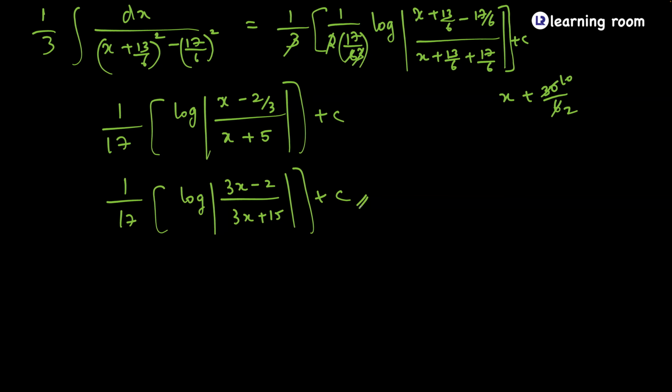Check if this answer is matching. For 3x plus 15, what they did is they took the 3 outside. This is also correct only. This answer is also correct.